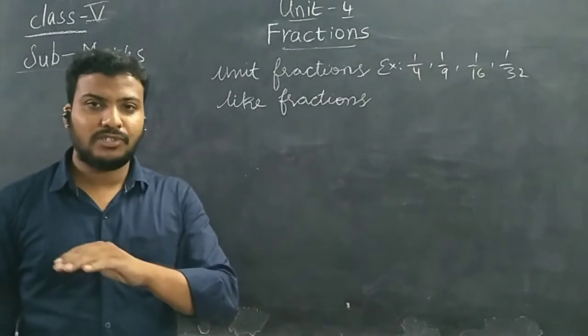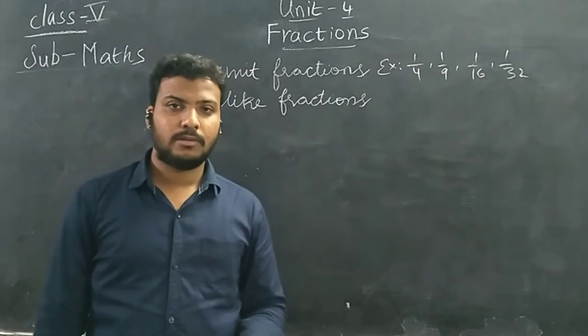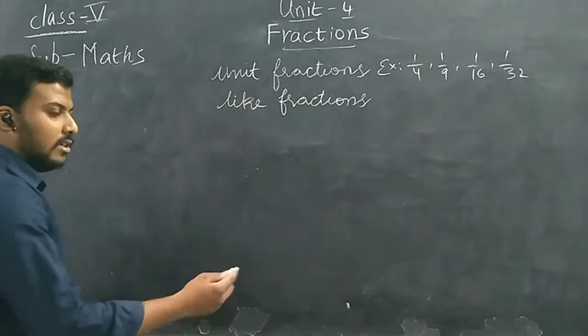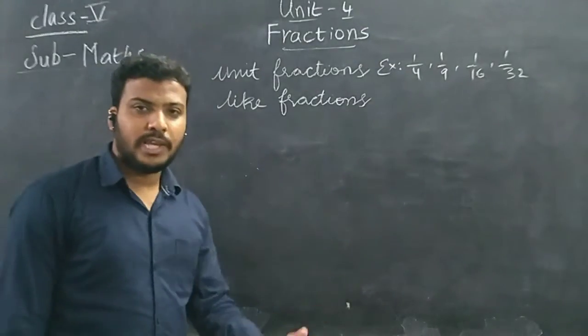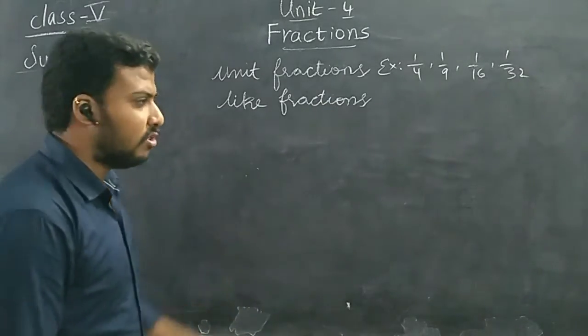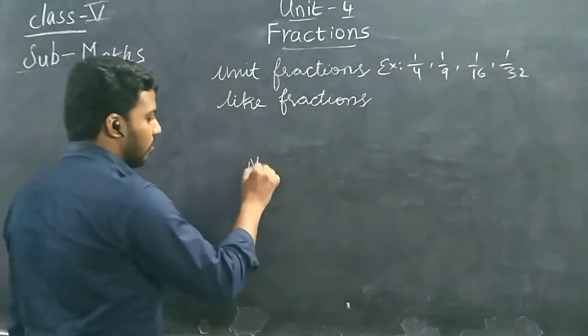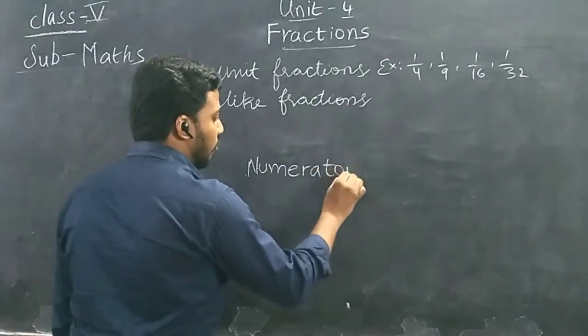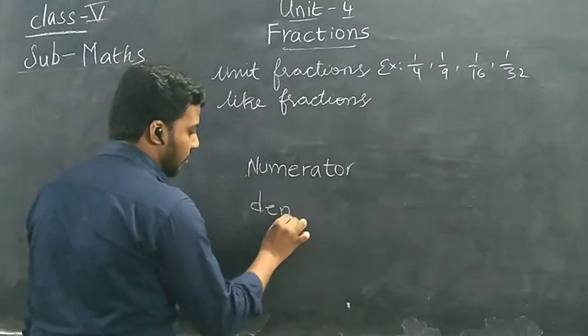First of all, you should know what the numerator and the denominator are, children. Of course, I need to say that before saying the types of fractions. I forgot to say, children, numerator and denominator.